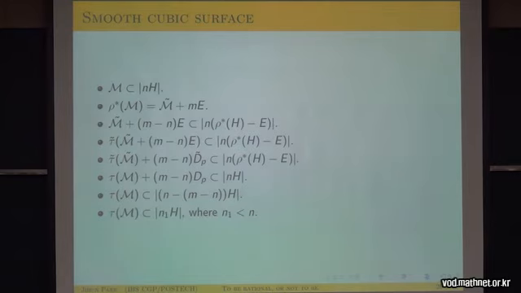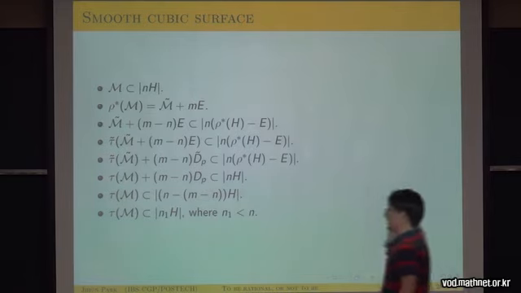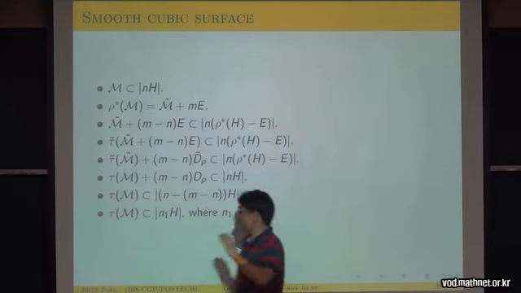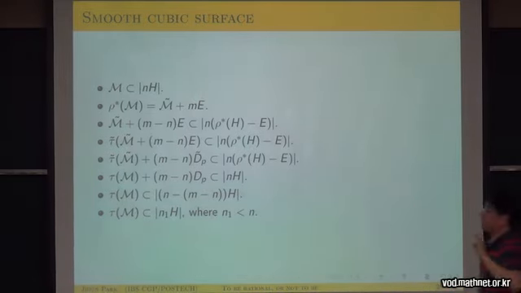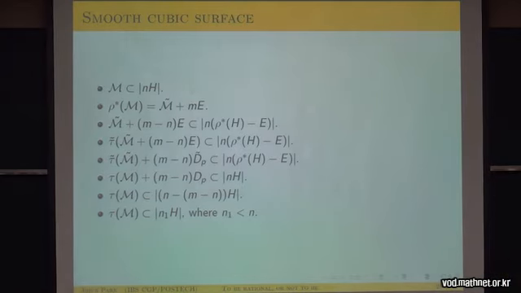In that sense, it reduces the singularities. So just believe that this tau sends our linear system M to another linear system, which sits in n1 times H, where n1 is strictly smaller than n. So we reduce the degree.